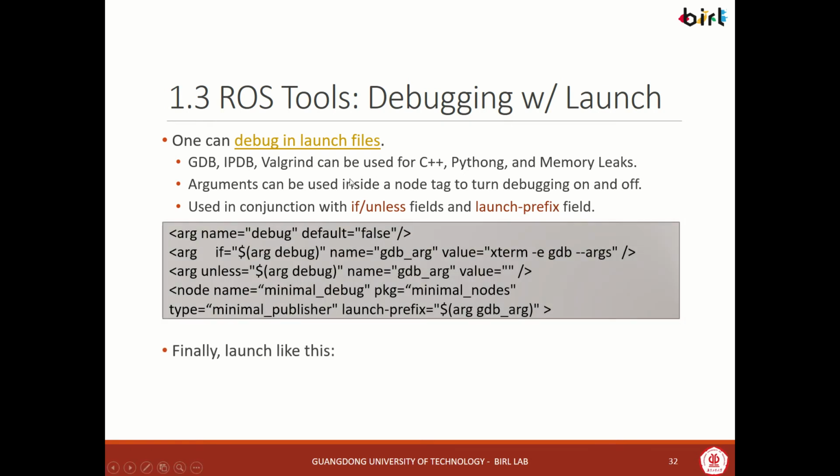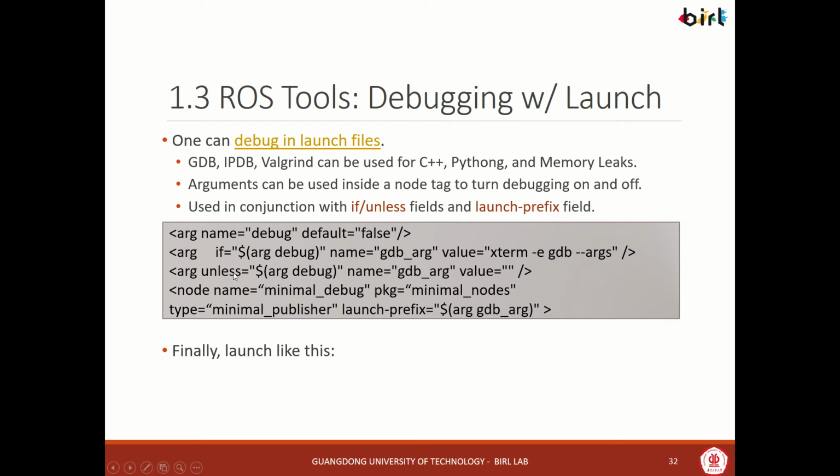something like this. I would create an argument called debug, set it to false by default. But then say if the user in the command line sets debug to true, then create an argument called GDB argument, and then run a new terminal with GDB on it and pass any command line arguments to it.